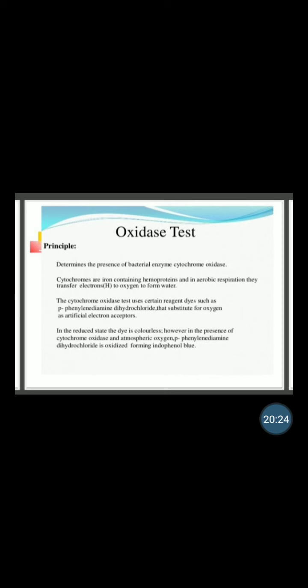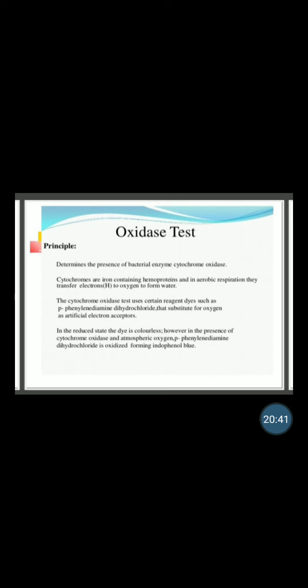However, in the presence of cytochrome oxidase and atmospheric oxygen, the paraphenylenediamine dihydrochloride is oxidized and forms indophenol blue.